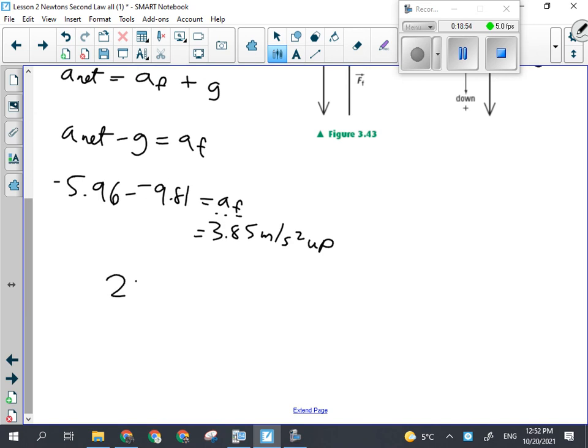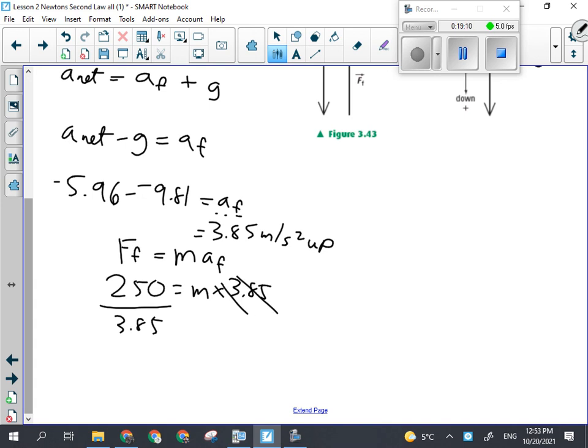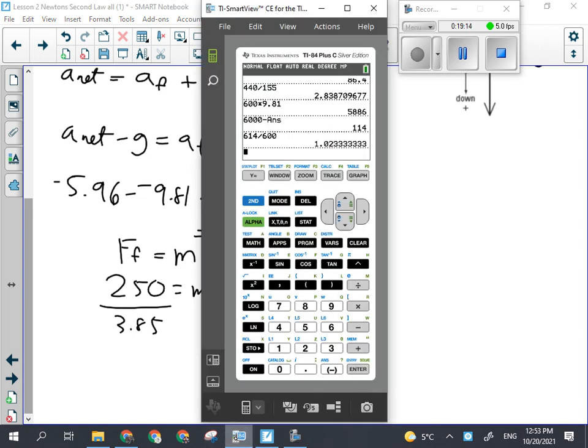I'm going to say 250, my force of friction, equals mass times the acceleration due to friction. So mass times 3.85. All I have to do is bring the 3.85 over. I'm solving for mass. So the mass of the skydiver is 65 kilograms.